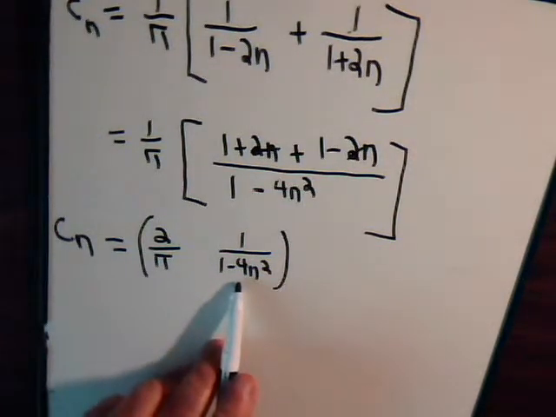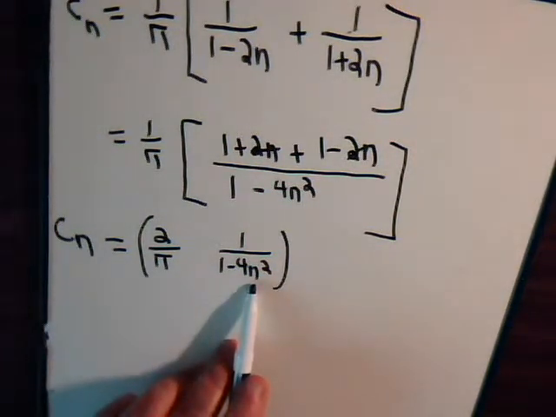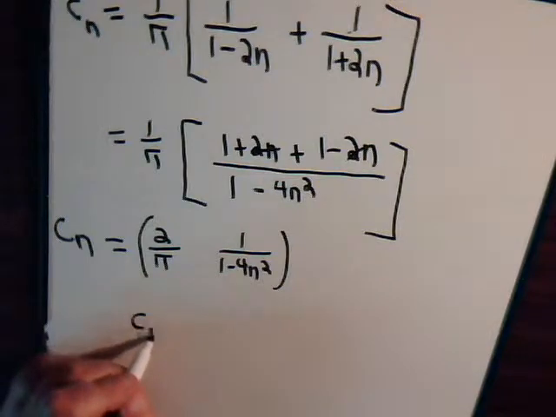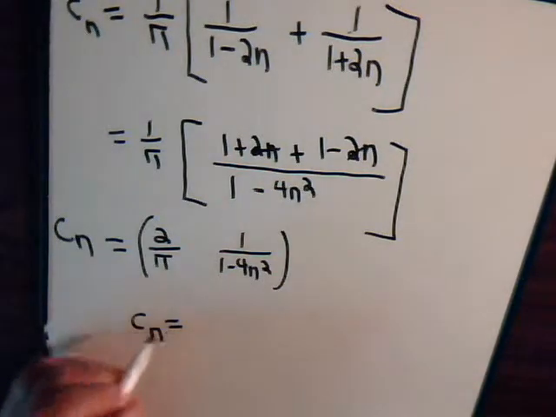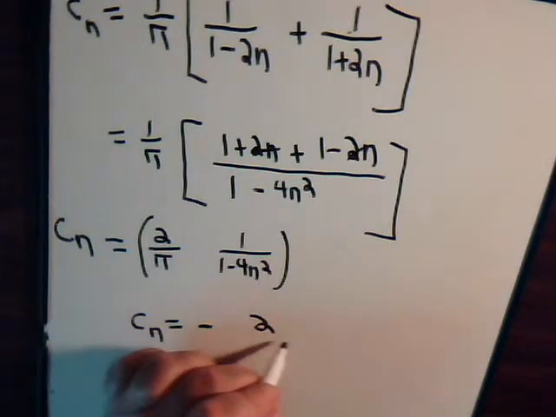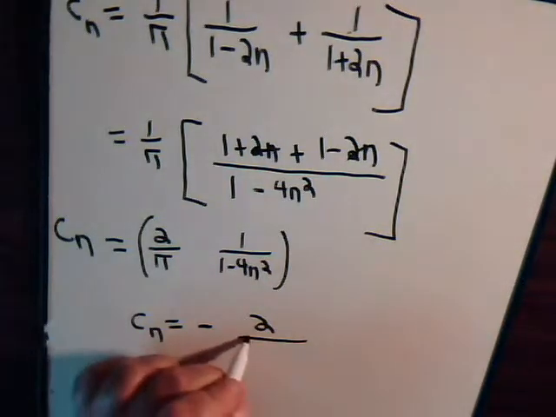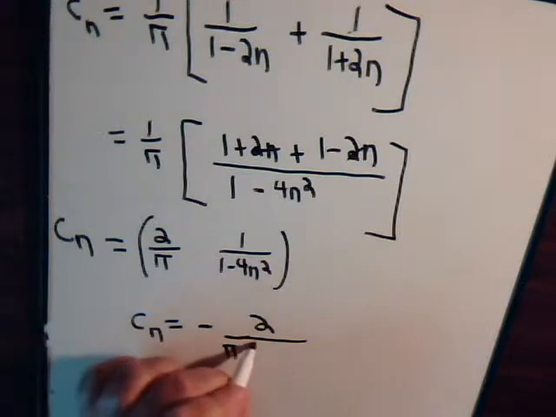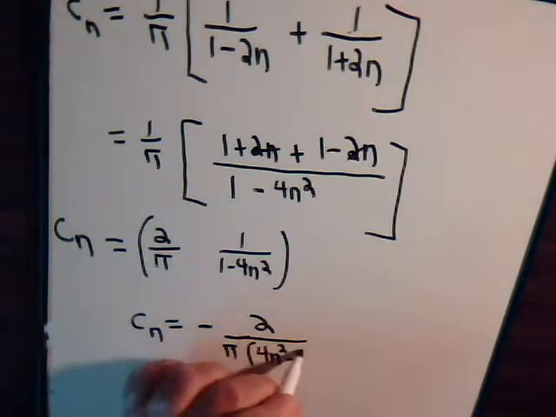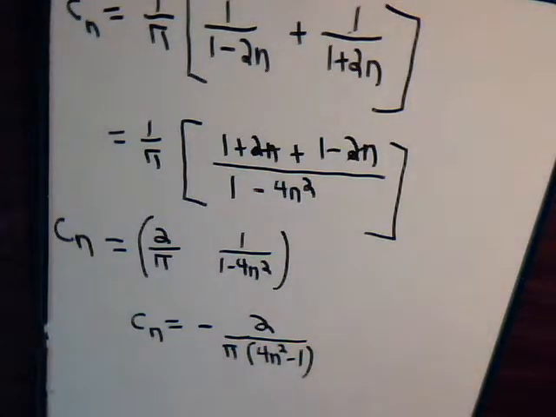Notice this is always going to be negative, and n is just 1. We have 1 minus 4. So we can write it like this. We can say C sub n will equal minus 2 over pi times 4n squared minus 1.